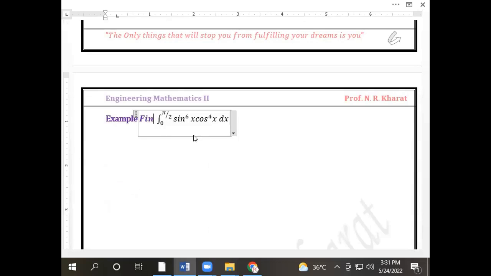See an example based on this. For example number 3, we have to find the value of the integral from 0 to pi by 2 of sine raised to 6 of x cos raised to 4 of x dx. We have to make the comparison with that standard reduction formula.